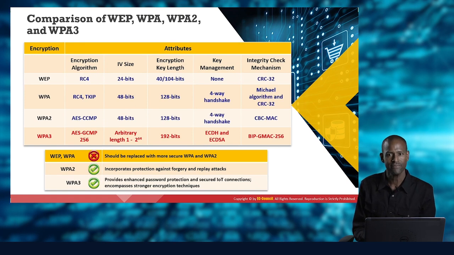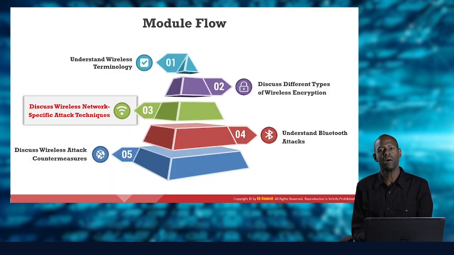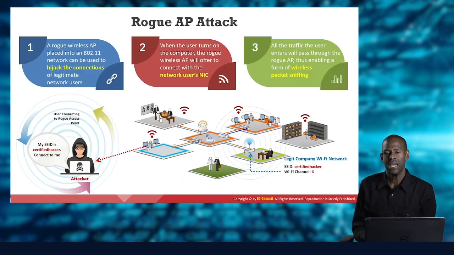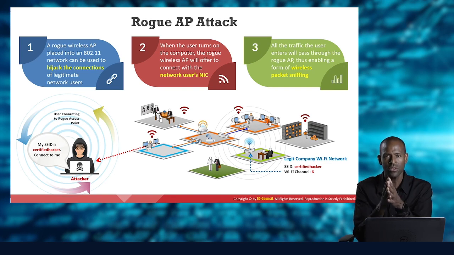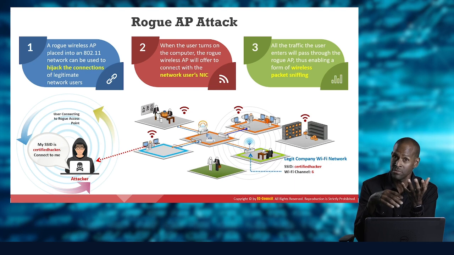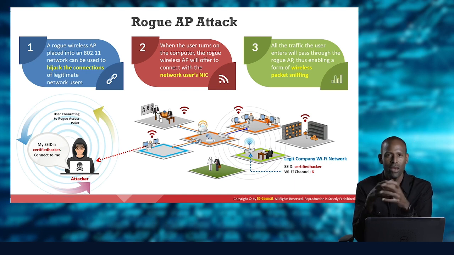So anyway, if you're going to do WPA3, do everything WPA3 and don't allow it to switch back. All right, now let's look at some wireless network-specific attack techniques. And most of them involve a rogue wireless access point. So for instance, you go to McDonald's, and there's a McDonald's network and there's a McDonald's Free Wi-Fi. By the way, that's the name I use for one of my fake access points that I use in demos and so on.